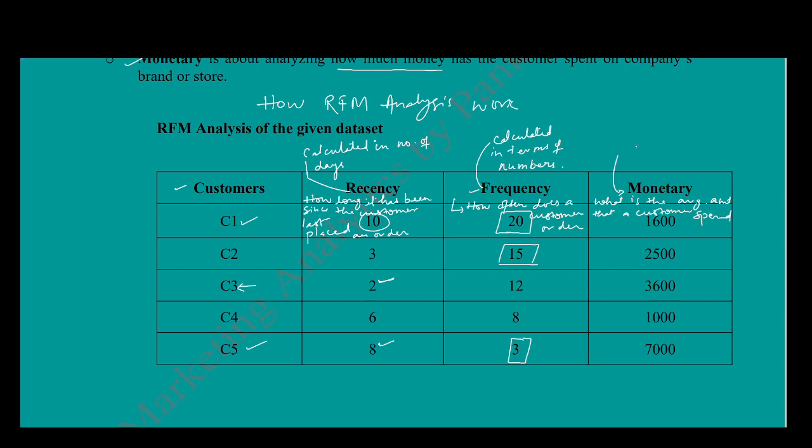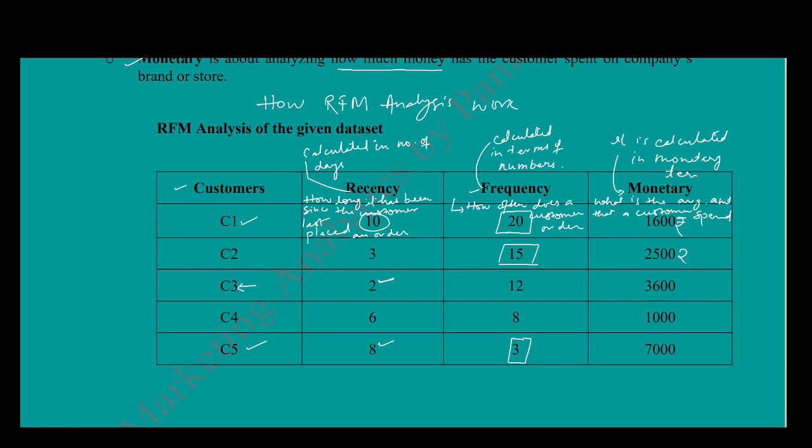So it is calculated in monetary terms. Say, for example, you may consider it like rupees. So customer C1 on an average spent 1600 rupees.